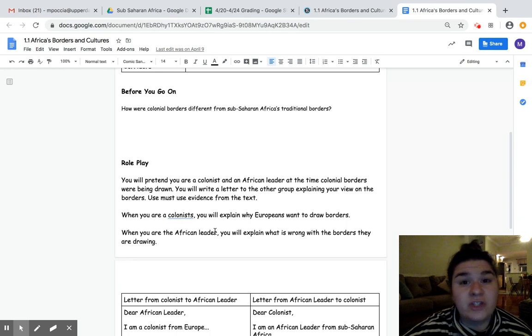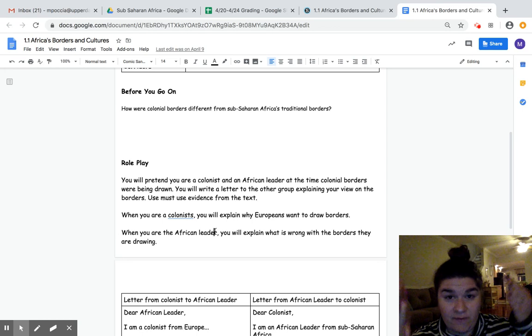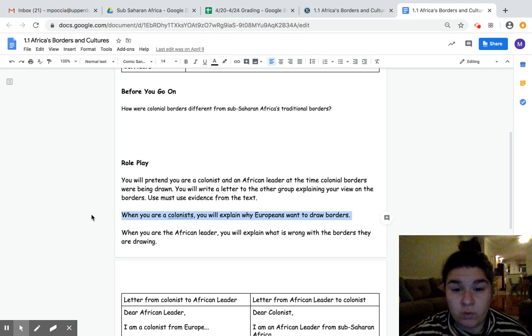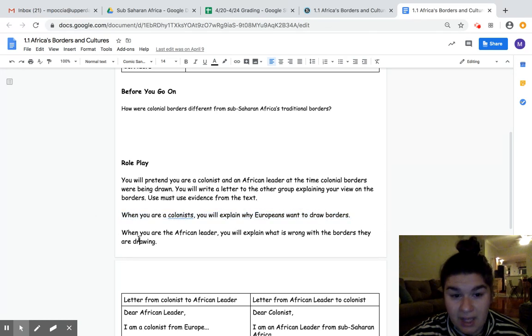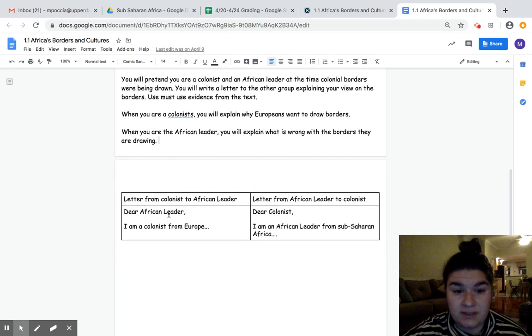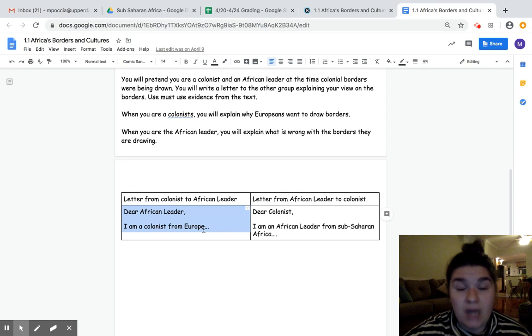So there's going to be two different views of these borders. So when you are a colonist, you will explain why the Europeans want to draw borders. And when you are an African leader, you will explain what is wrong with the borders that they drew. So in the chart below, you'll see two sides. On the one side, you are going to be writing from the perspective of a colonist, explaining why you drew the borders the way that you did.